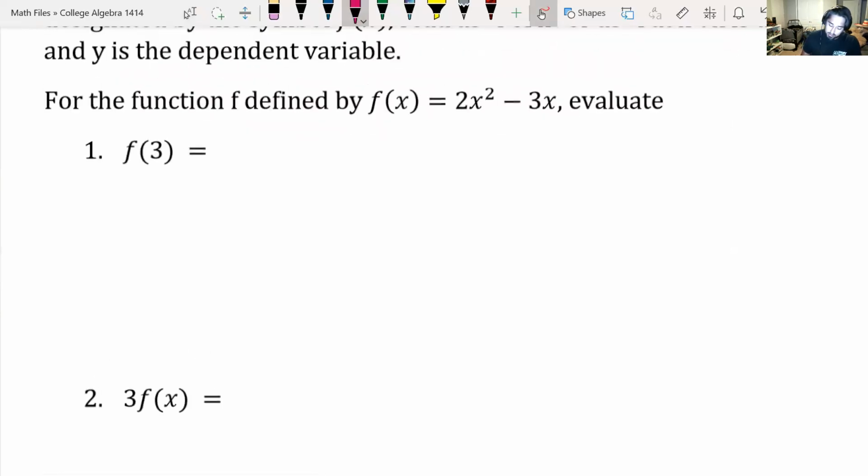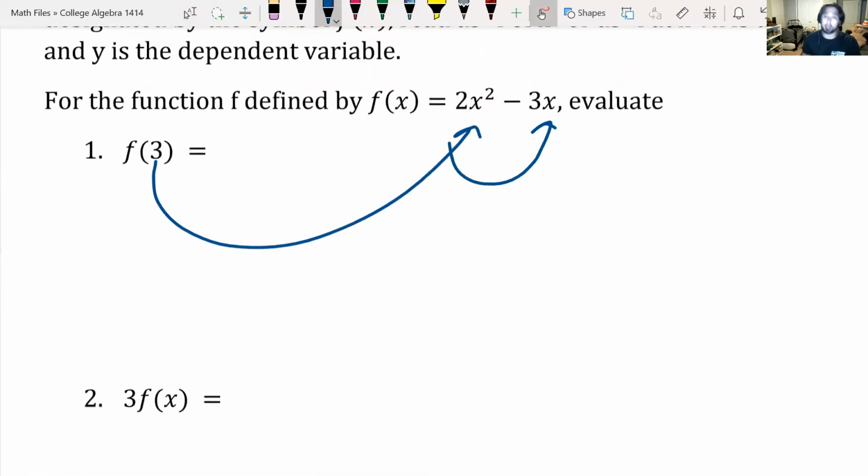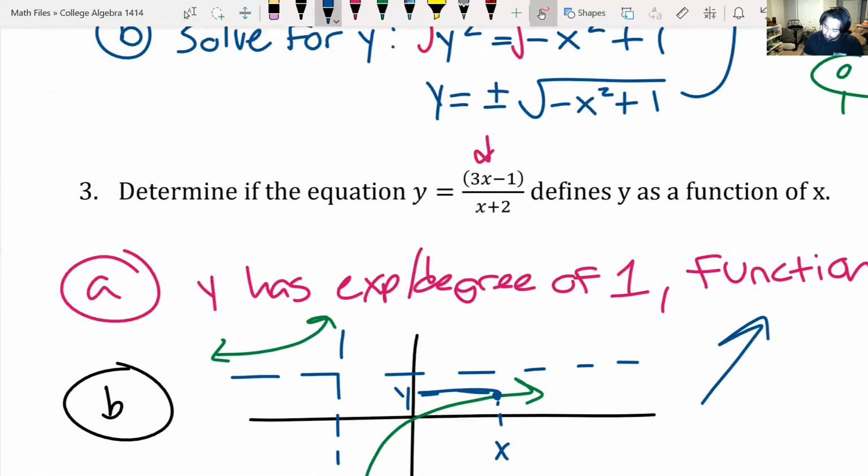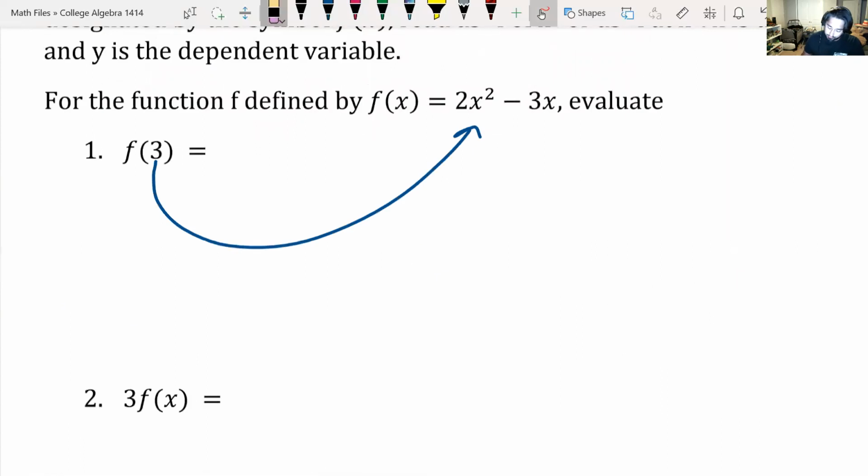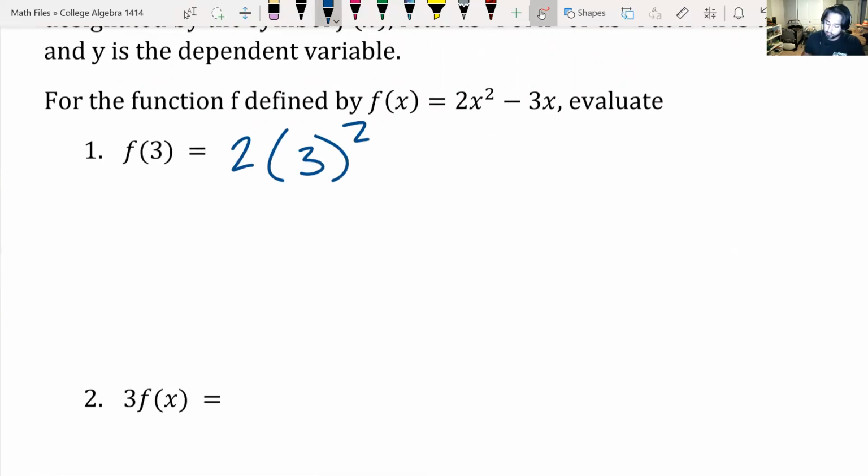So we're going to take this 3 and plug it into every x in this function. All right, so that's simple enough: 2 times 3 squared minus 3 times 3.